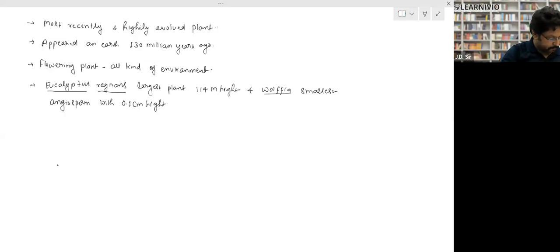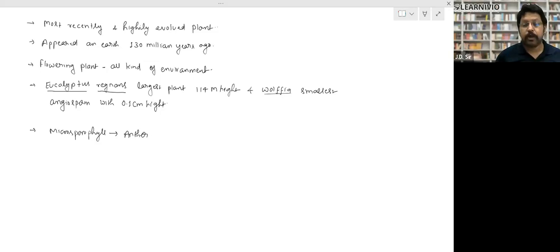Next one. Microsporophyll are evolved as anther.